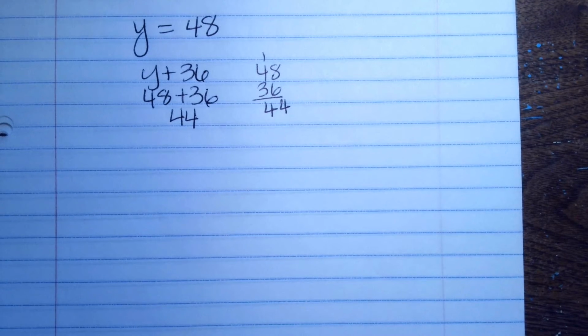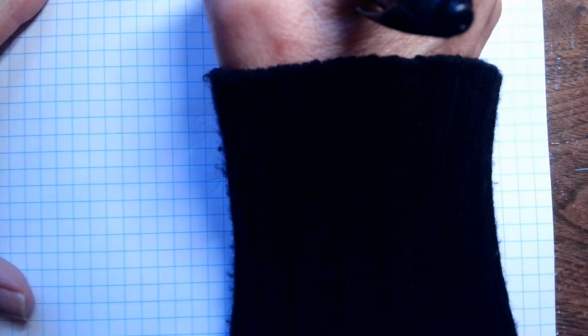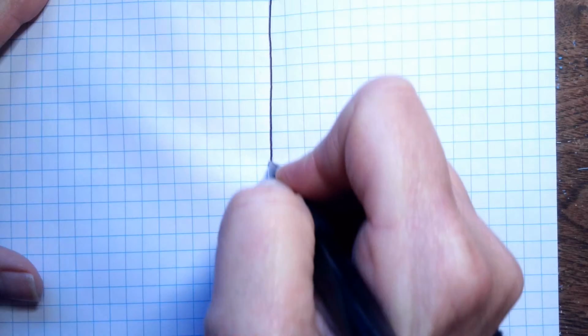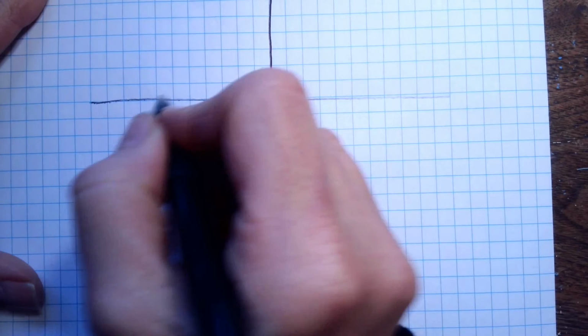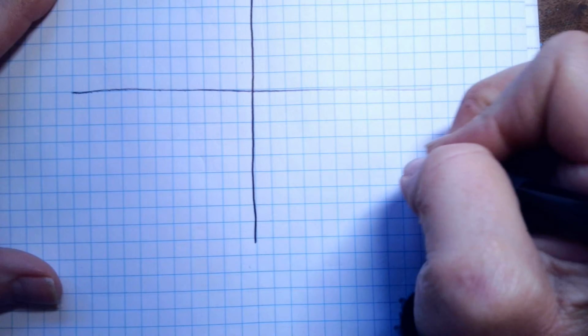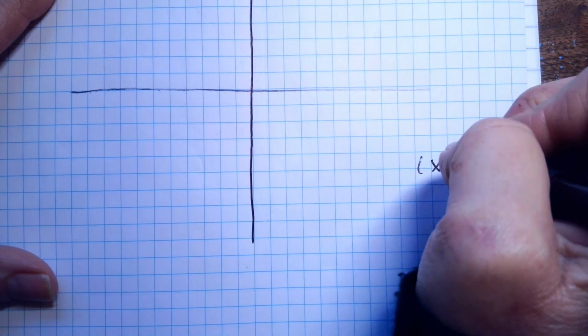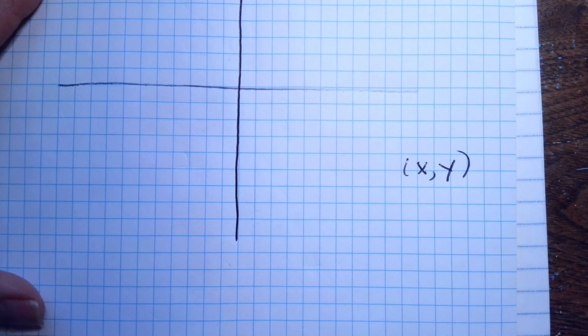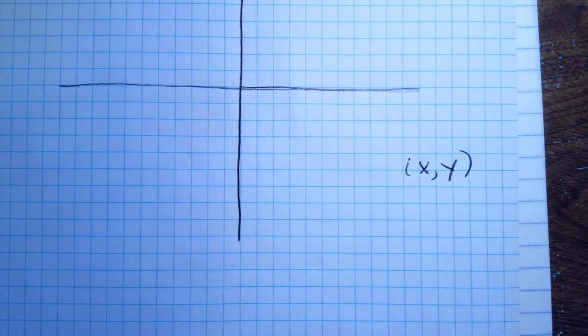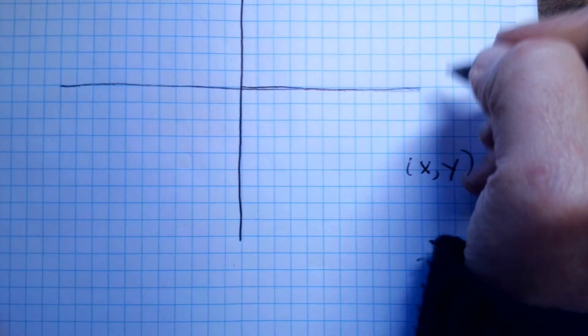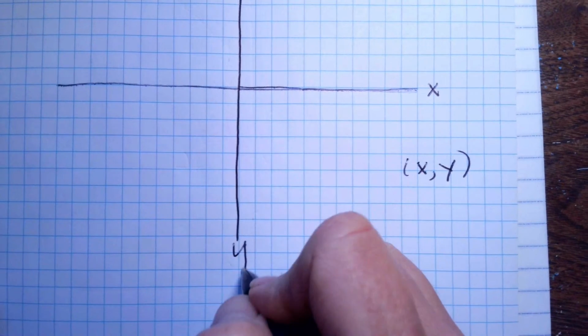So for graphing, you have the x and y coordinates. The x coordinate is the first number, and the second number is the y coordinate. So they're always going to give you two numbers. This is the x, and this is the y.